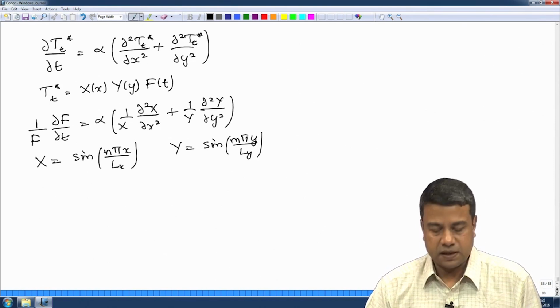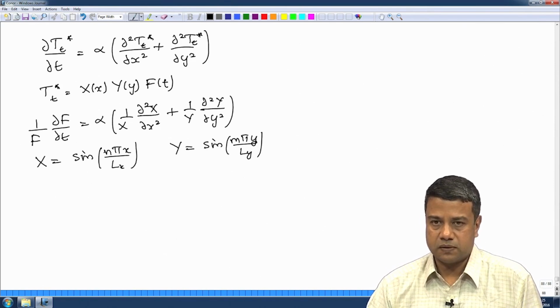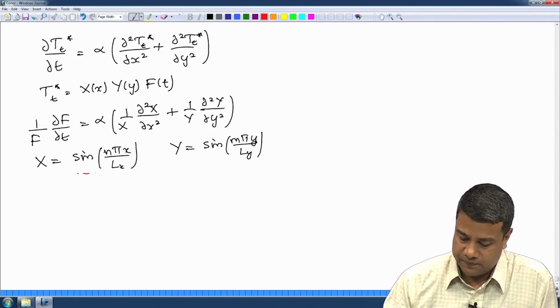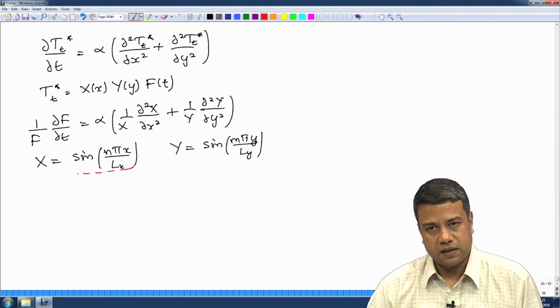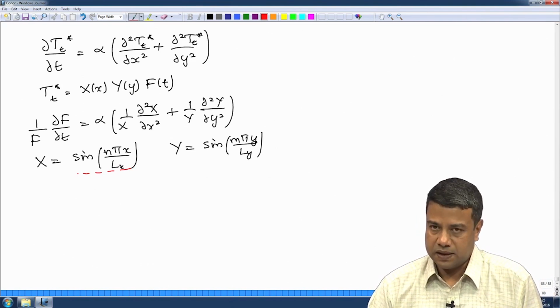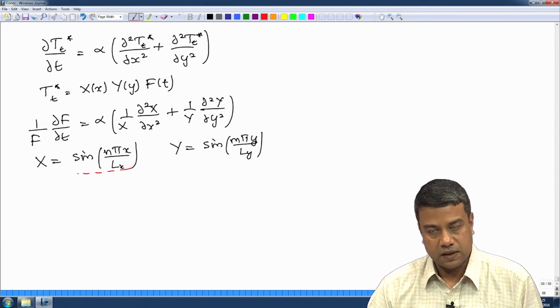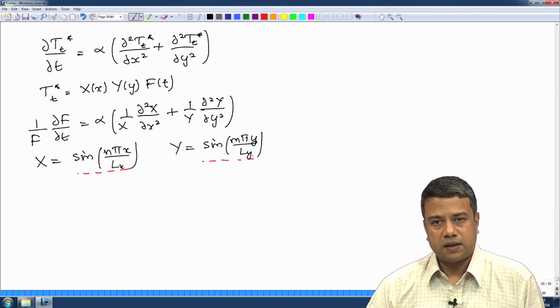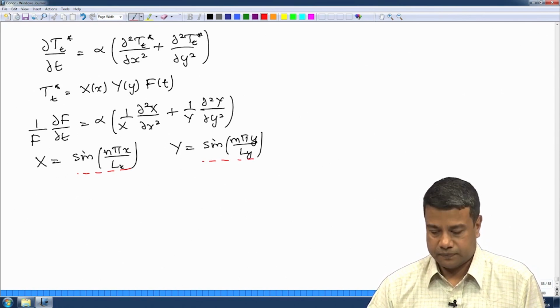In the x direction, the solution has to go to 0 at x is equal to 0 and x is equal to Lx. That will happen only if the solution is of this form and n is an integer. Similarly, in the y direction, it has to go to 0 at y is equal to Ly and at y is equal to 0, and that will happen only if it is of this form.